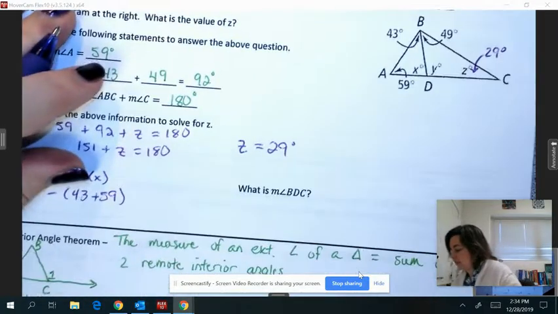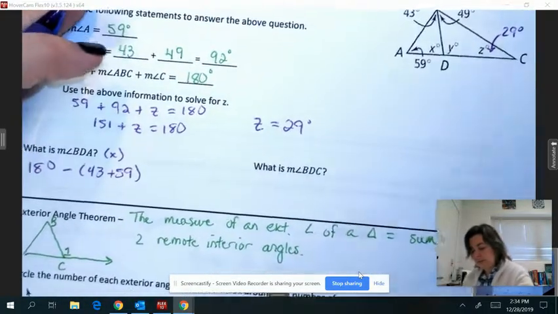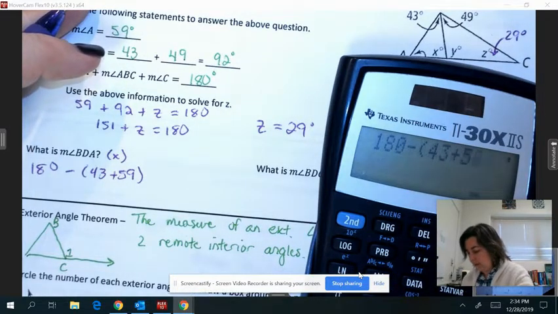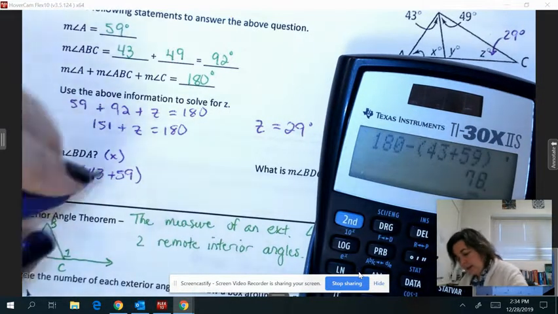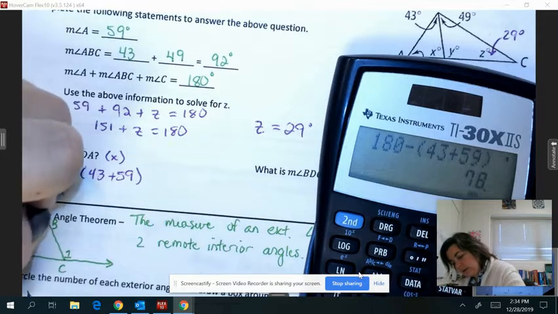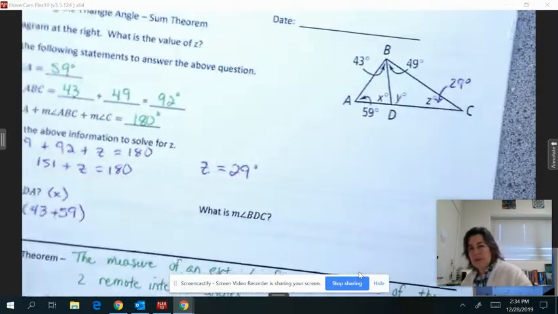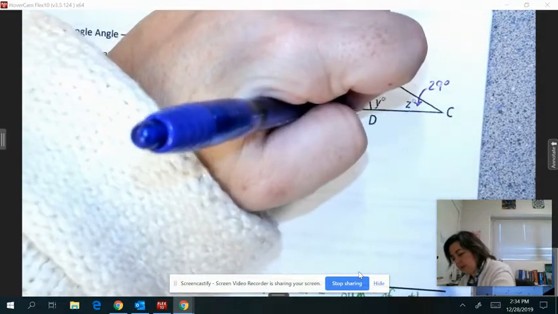So that gives us 180 minus 43 plus 59. And that is 78 degrees. Okay, so this one's 78 degrees.